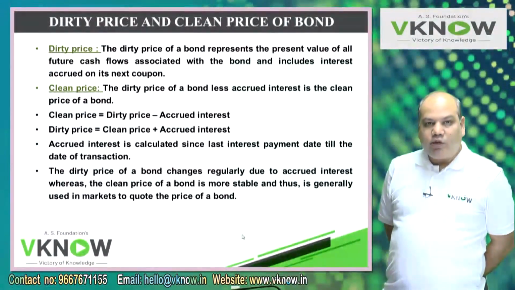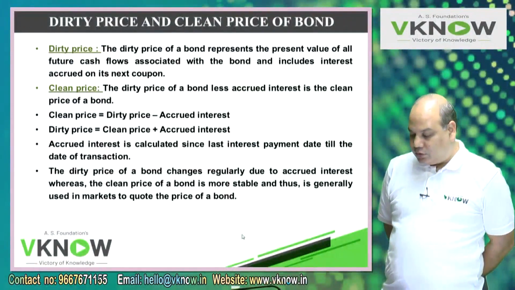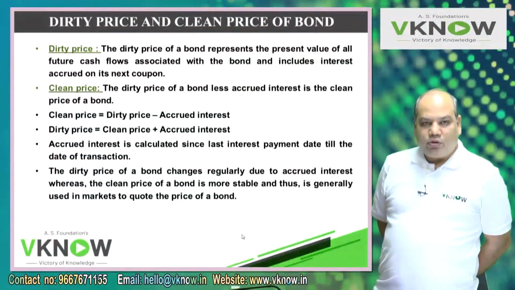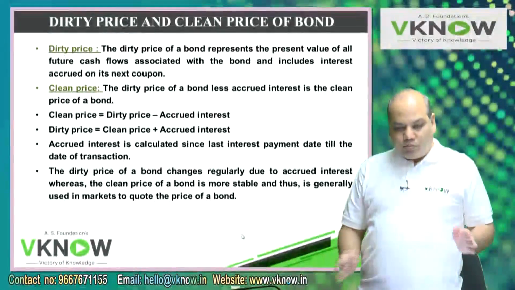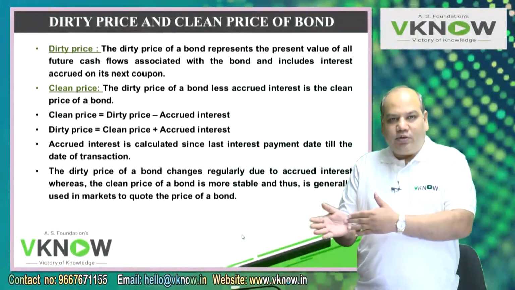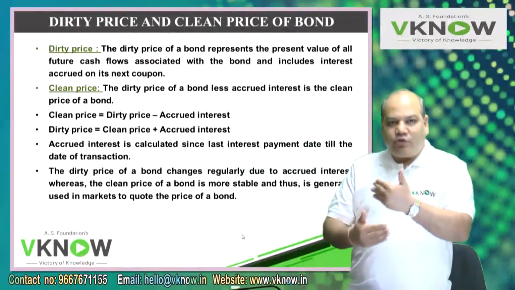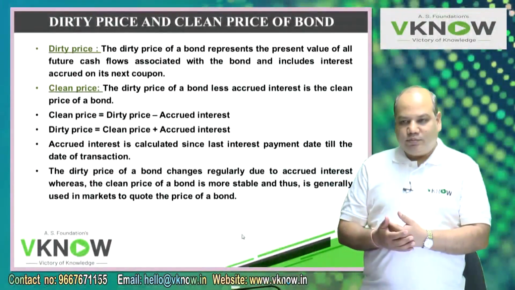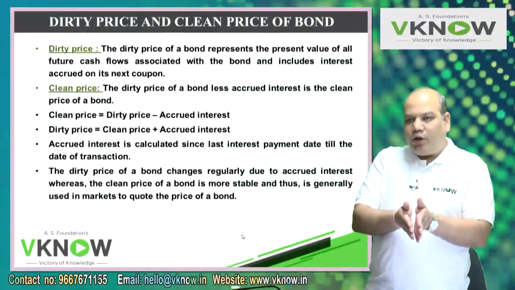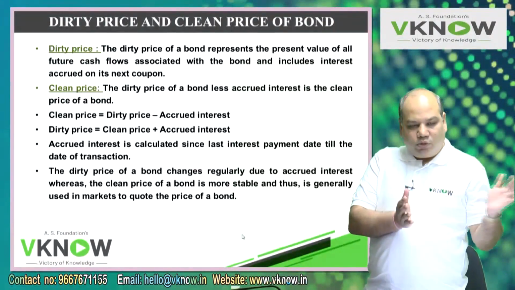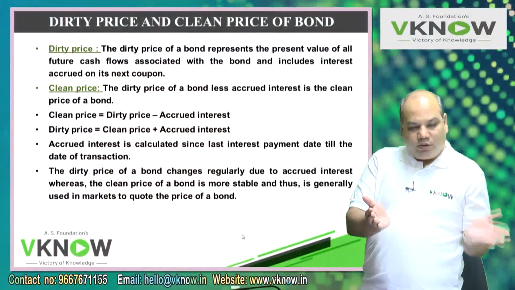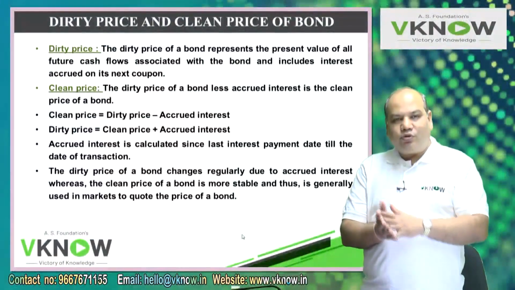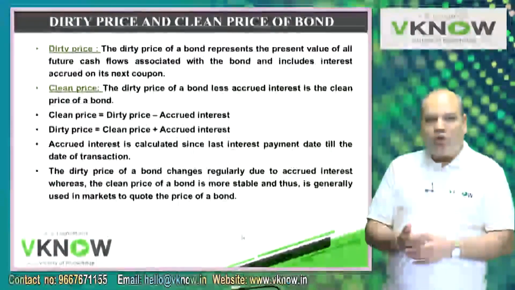The dirty price of the bond changes regularly. Why? Because with every passing day, the accrued interest will keep on getting added. So suppose you are valuing on 1st May, it will include interest of 4 months. But if you are valuing on 15th May, it will include interest of 4.5 months.